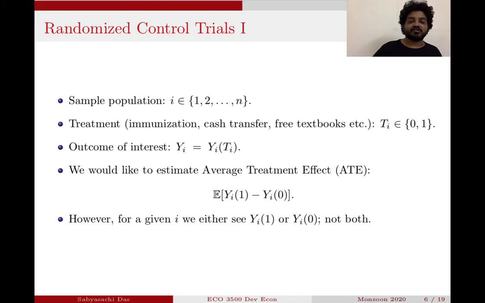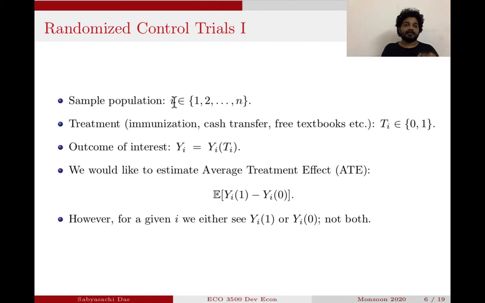So a bit of notation. Suppose your sample population is these n people, so they constitute the total treatment plus control. That's the entire population that you start to work with. Suppose each individual unit could be an individual person, it could be a household. If it's an immunization treatment, then it's an individual kid.